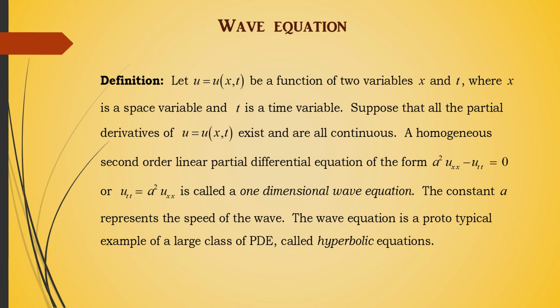If we find the value of b square minus 4ac, we get b square minus 4ac greater than 0. So, this one-dimensional wave equation is a prototypical example of hyperbolic equations.